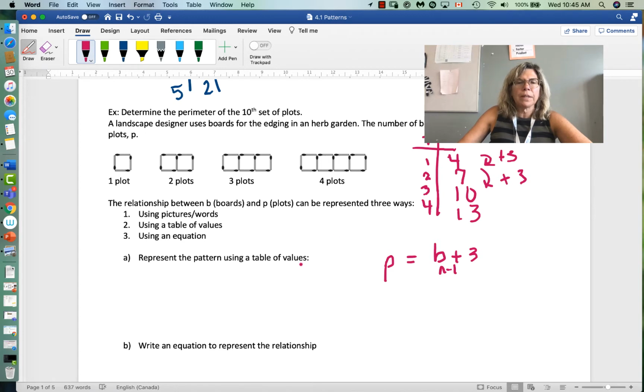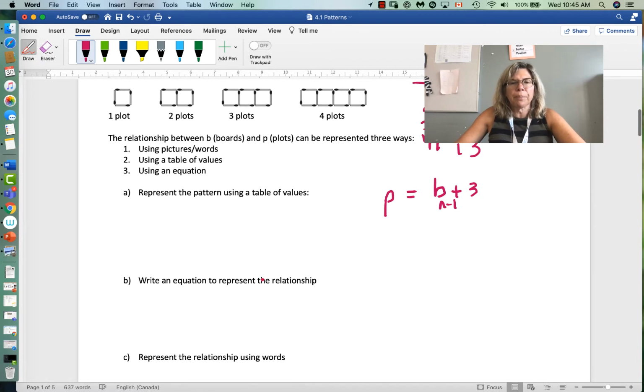So, oh, here I did the table of values there. Represent equation to represent the relationship. So B of n equals 4 plus 3n.